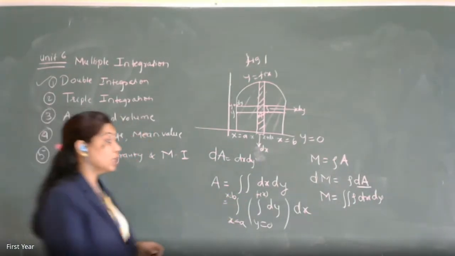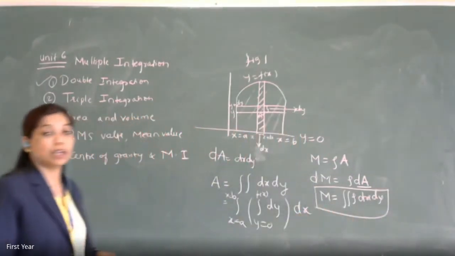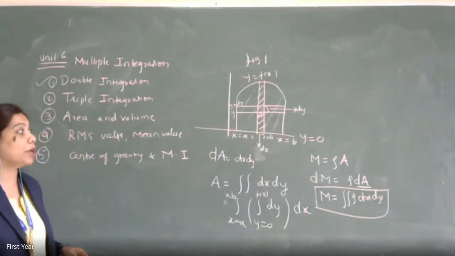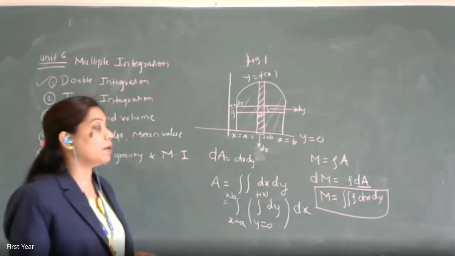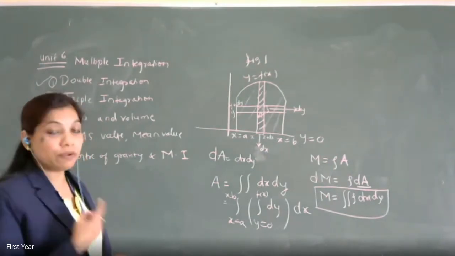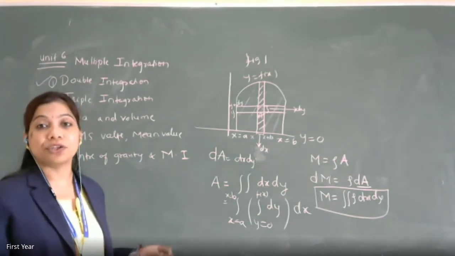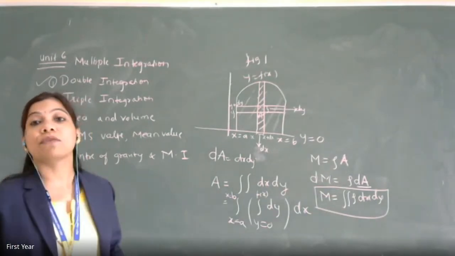Is it okay? This is also asked sometimes. Find the mass of the area covered by the given curve y is equal to f of x bounded between the lines x is equal to a to x is equal to b. So m is double integration rho dx dy. Now this rho, which is the density, can be evenly distributed, so it can be a constant fixed value, or it can be a function of xy.